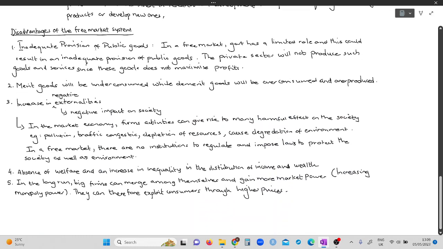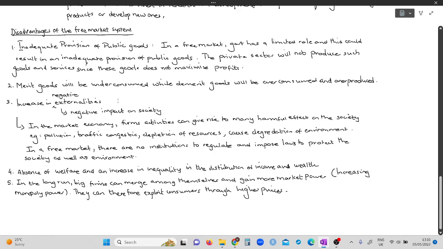However, the disadvantages of the free market will be like the advantages of the planned economic system. For example, in a planned economy, we have adequate provision of public goods. The government has a big role to play here, and it will provide public goods such as law and defense, street lightings, etc., in order to provide welfare to the people.